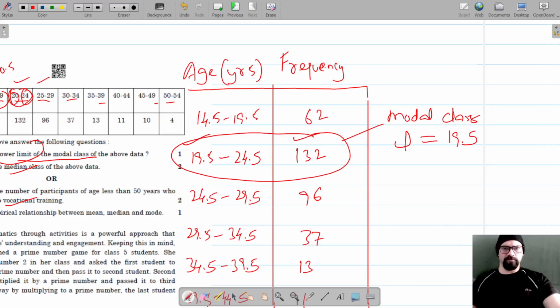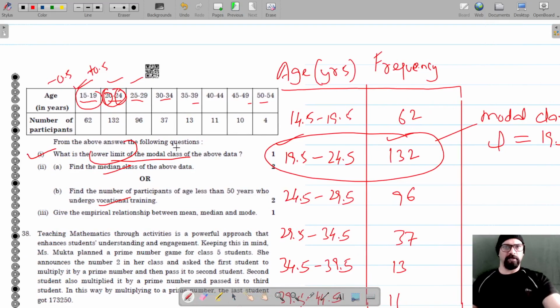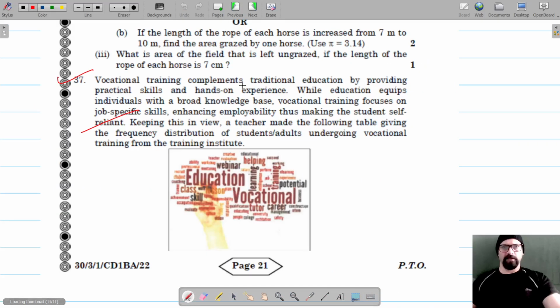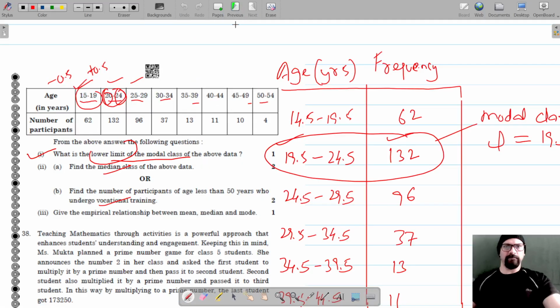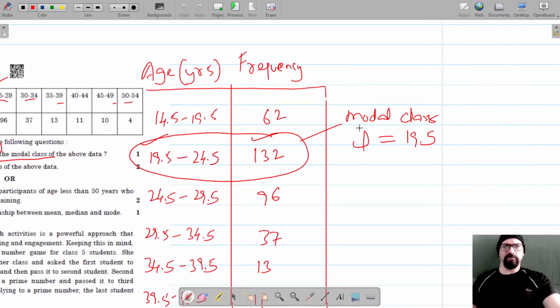Now coming to the second part, we have to find the median class of the above data. For this we have to find the total number of participants. To find the total, we have to find the cumulative frequency.